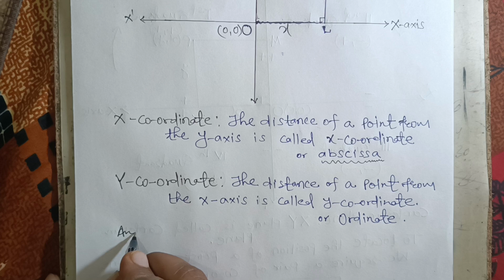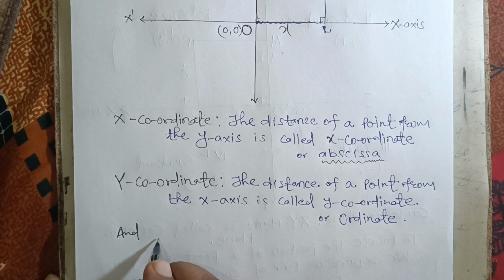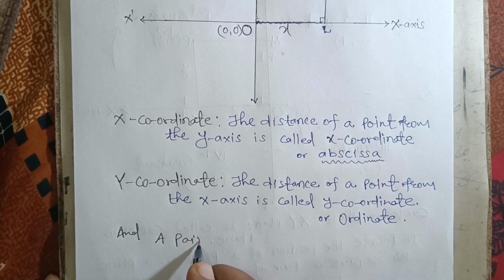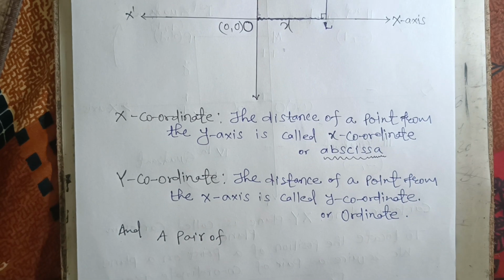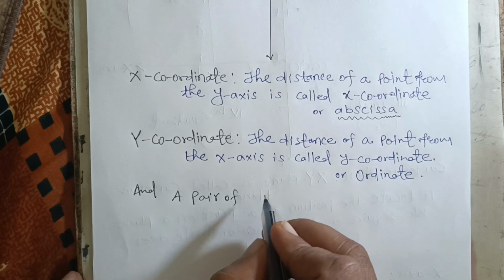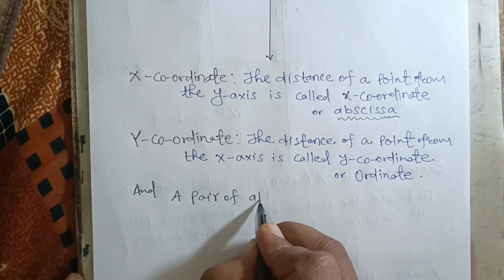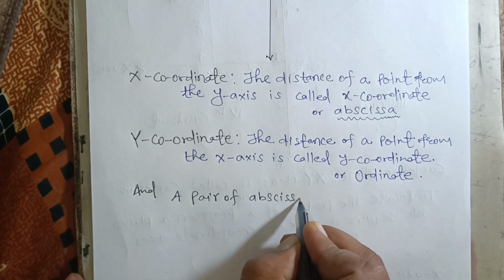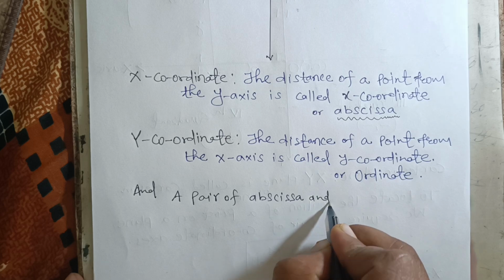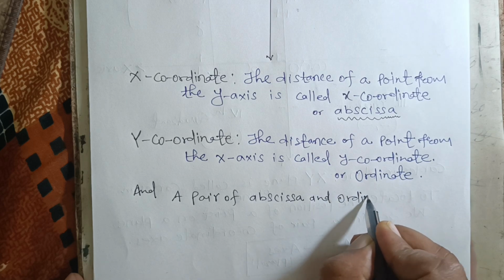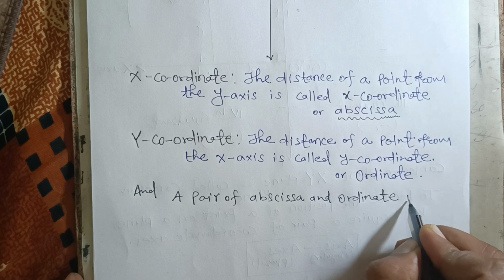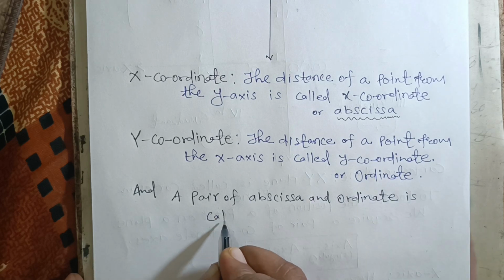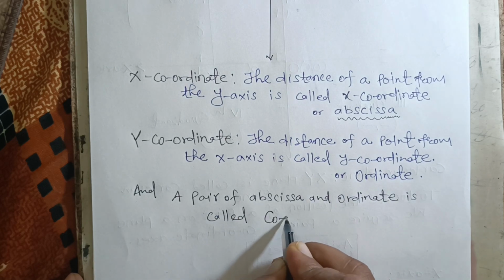And a pair of abscissa and ordinate is called coordinate.